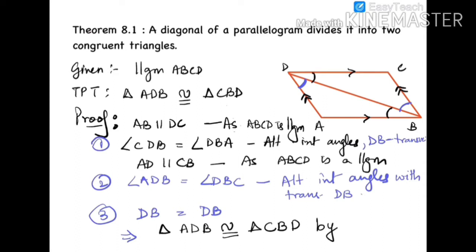By which rule? In both triangles we have shown two corresponding angles and an included side equal. So the congruence criteria used here is angle, side, angle. So a diagonal of a parallelogram divides it into two congruent triangles.